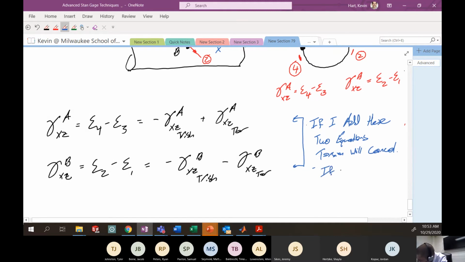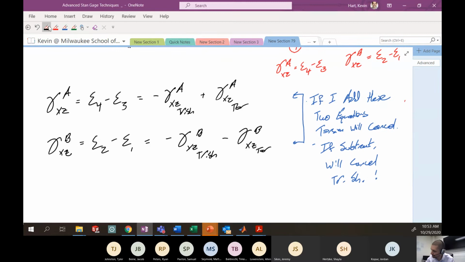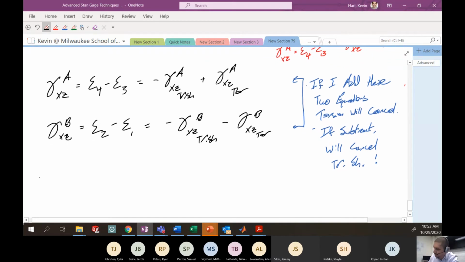If you subtract these two equations, you can cancel the transverse shear components. And that's what we want to do. So let's subtract these two.